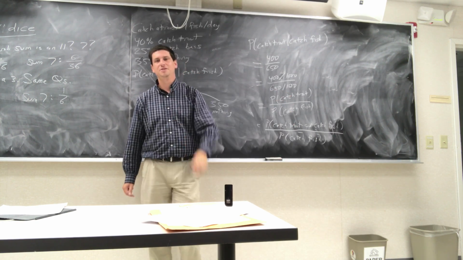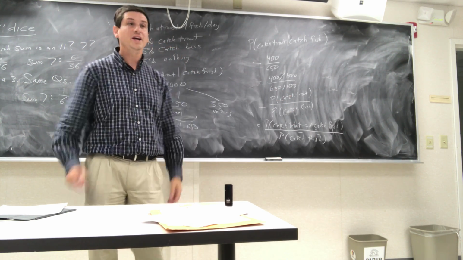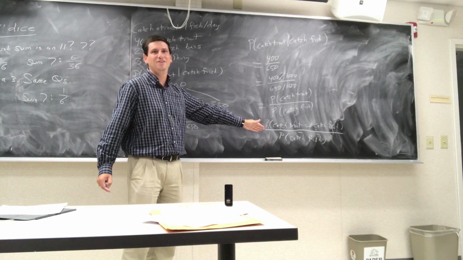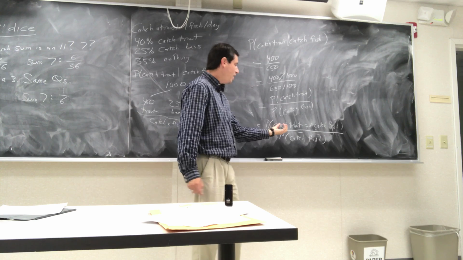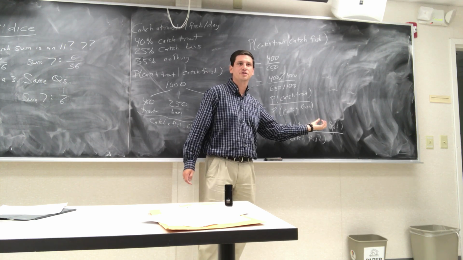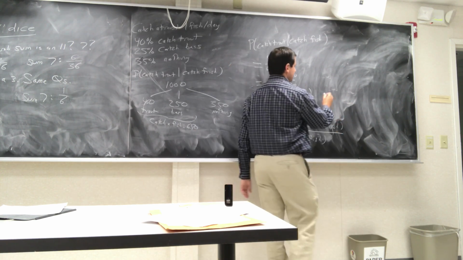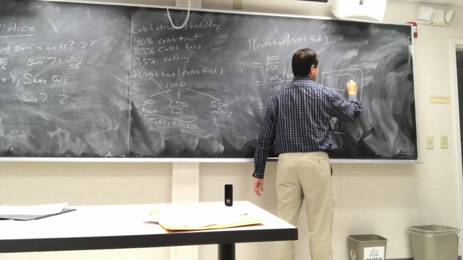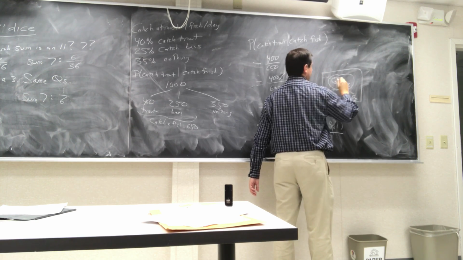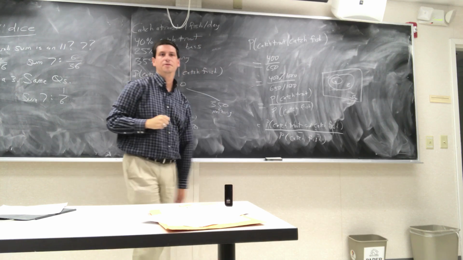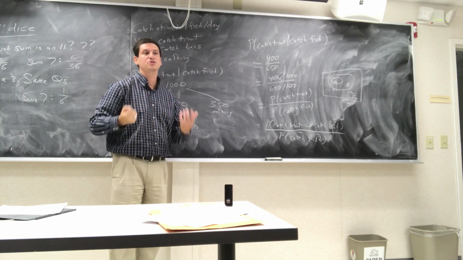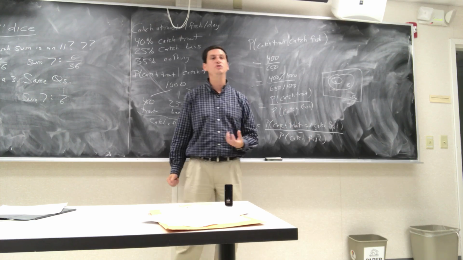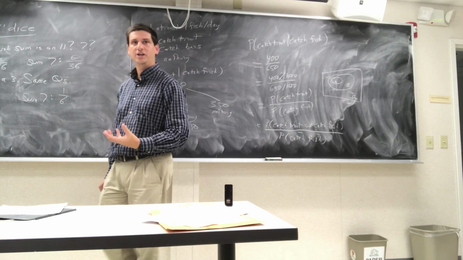Yes? Yeah, A is a subset, because in this special case, A is a subset of B. So there's no way you can catch a trout without catching a fish. So in this case, here is omega, here's B. A is entirely contained in B. So in that case, A intersect B is just A. The reason I wanted to do this is to remind you of the danger of looking at special examples and generalizing.